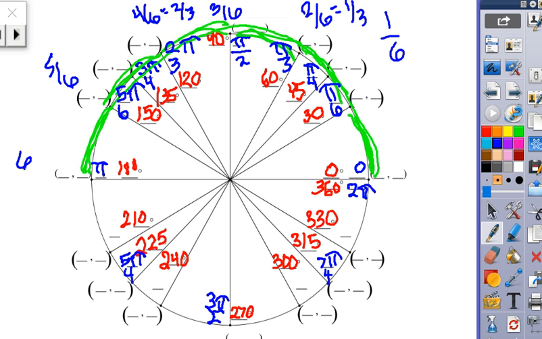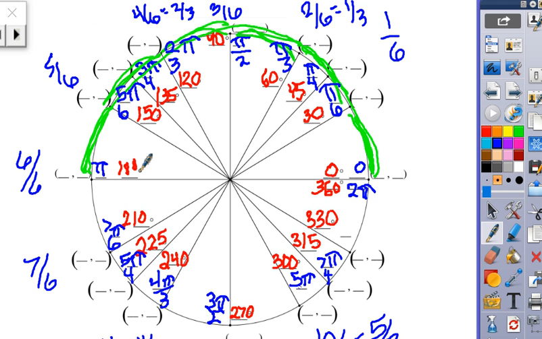And then we have 6/6, which is 1. 7/6, which does not reduce. 8/6, which does reduce. 9/6, we already have that one. 10/6 reduces. And 11/6. And then 12/6 would be, of course, 2. So 2 pi. So we got all of our radians filled in.